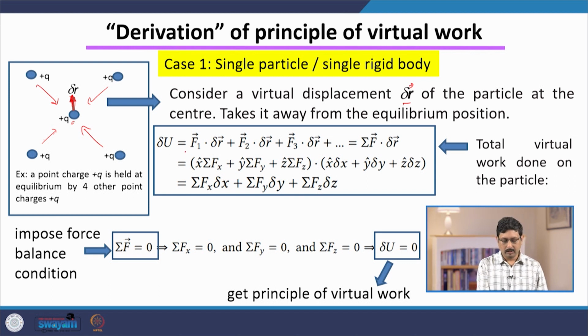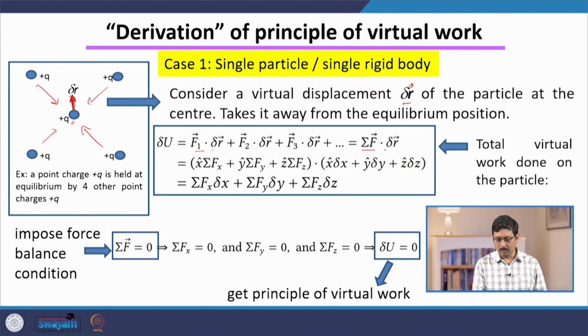In this case, the point particle is experiencing 4 different charge forces F1, F2, F3 and F4. In general there could be more than 4 or less than 4, so there could be n different forces on an object. The work done by force 1 is F1 dot the virtual displacement delta r, and similarly for the other forces.